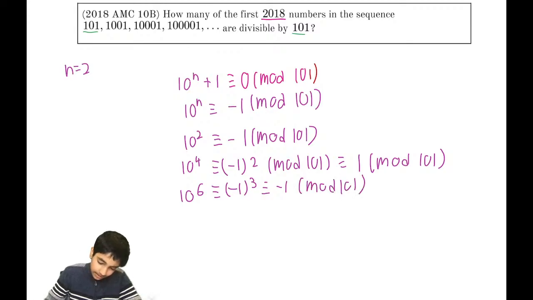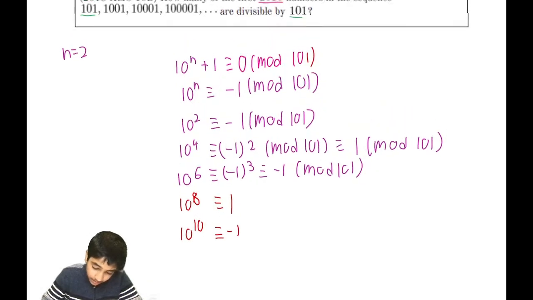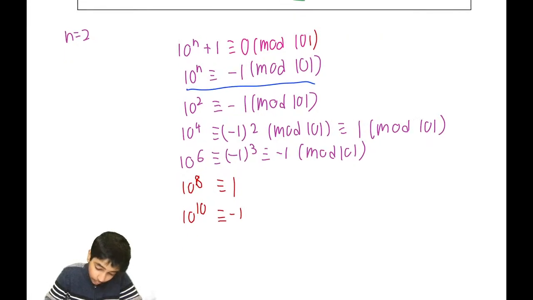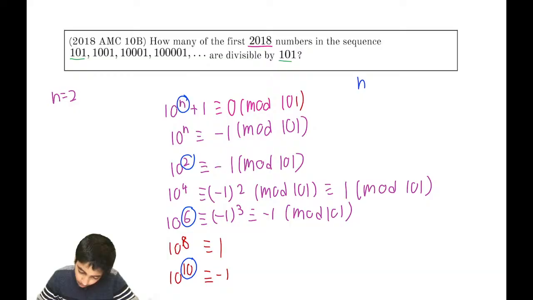We can continue this process. 10 to the 8 will be 1 mod 101. 10 to the 10, again, will be negative 1. So our condition will always be true if n is 2 mod 4. So if n is 2, 6, 10, 14, etc. Only if n is 2 mod 4 will this be true.